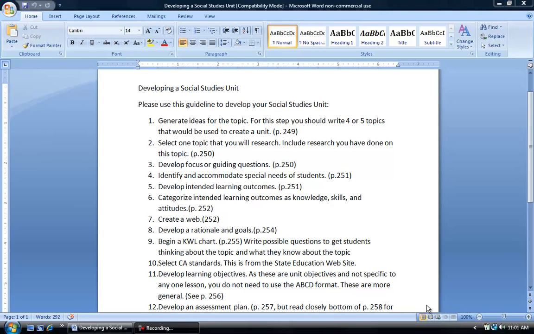As you're planning your unit, you need to think about how you're going to accommodate special needs of students and what that will look like.